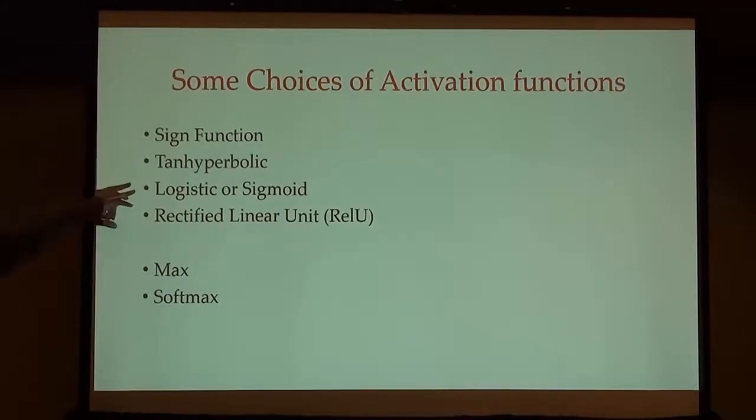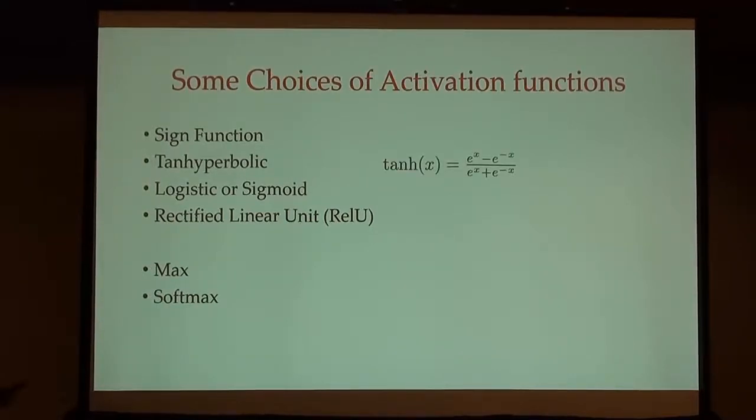Sign you already talked about, then there is tan hyperbolic, logistic, and rectified linear units, which has come more with the current revolution of deep networks, and is essentially max of x comma 0. Then there are other operators you can use like max or softmax. Some of these are actually used in the final layer, and I'll talk about it a little bit.